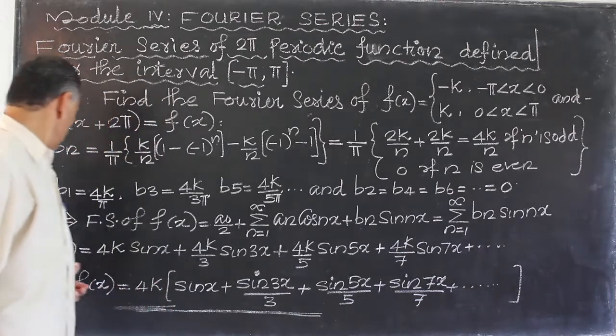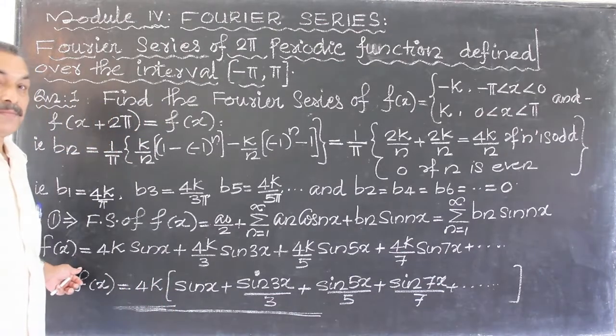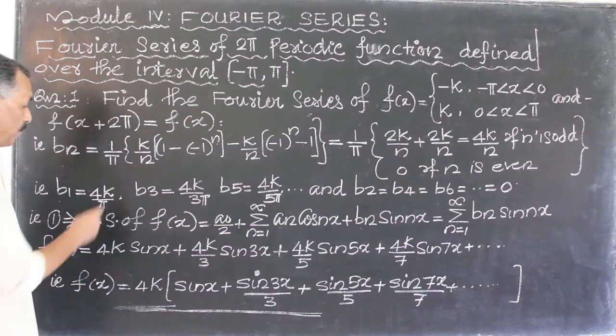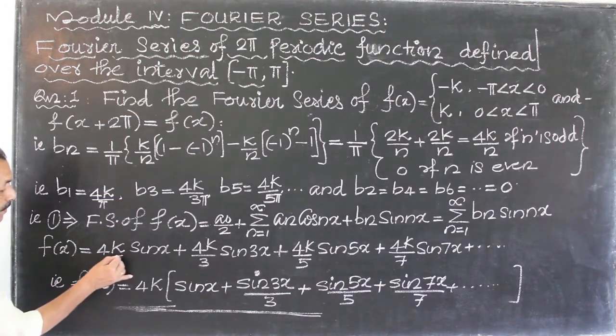So f of x will be b1 into sin x. What is b1? 4k by pi into sin x.